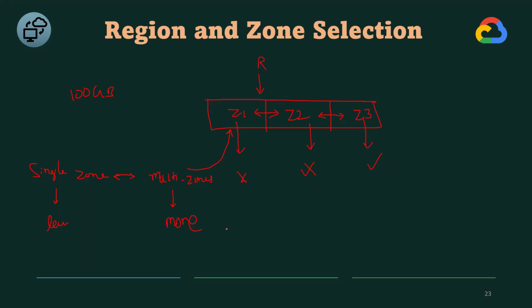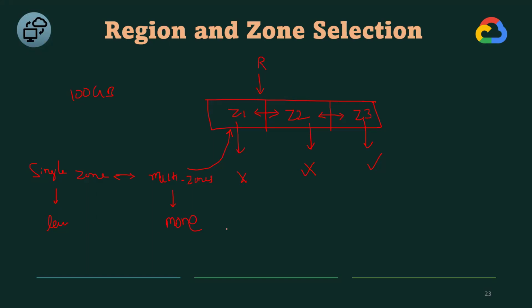We have already seen that zones are separated from each other and connected via a high bandwidth, low latency network. This is the main reason. So to avoid unexpected failures, you select multi-zones. Whenever you select multi-zones, via the high bandwidth network, the resources will be replicated, so there is fault tolerance.